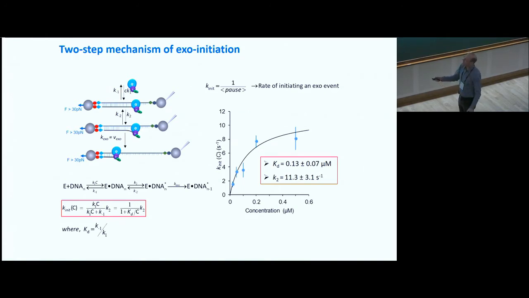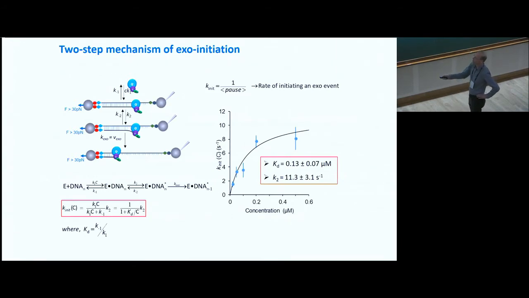If you assume that this rate is in pre-equilibrium to this state, then you can write this equation, where the population of this state feeds the population of this state. And so you can write that K2 depends on K1 by this cofactor here.